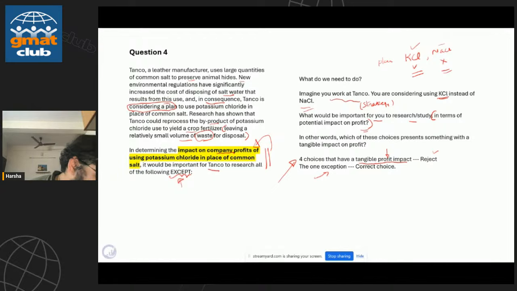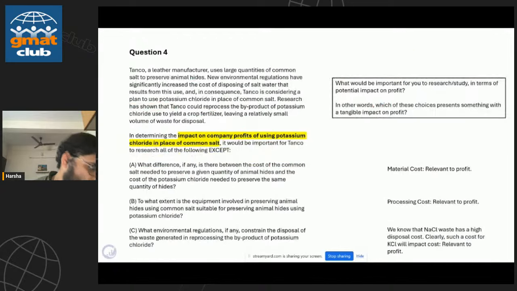So yeah, let's come to parsing through the choices. So I think here the choices are very straightforward. I don't think it's too much of a point, but the real way to process this is you're trying to see if by any chance is there a tangible impact on profit. And even these choices, you can take it to 2 directions if you really observe it in most cases. So what difference is there between the cost of common salt needed to preserve a given quantity and the cost of potassium chloride needed to preserve the same quantity?